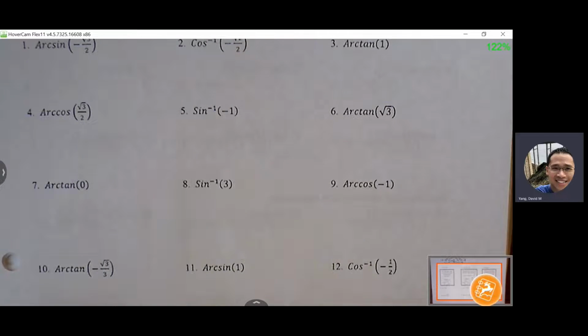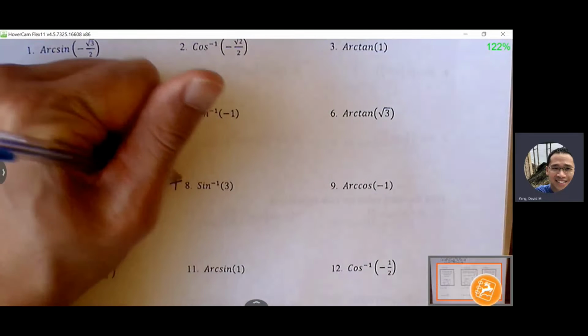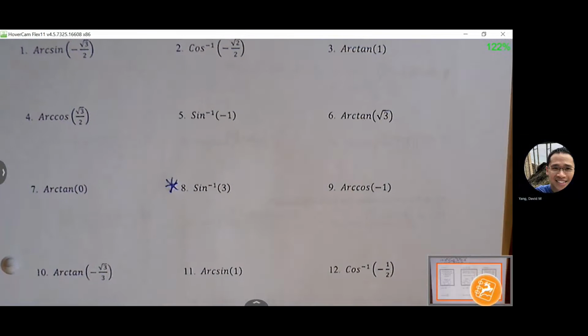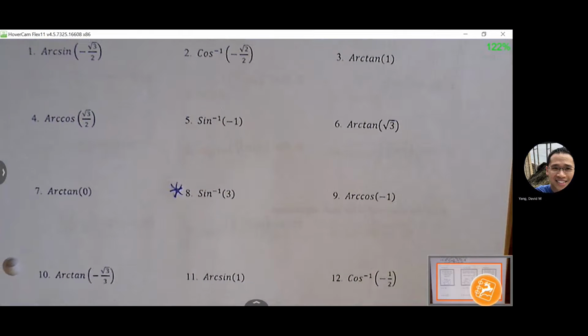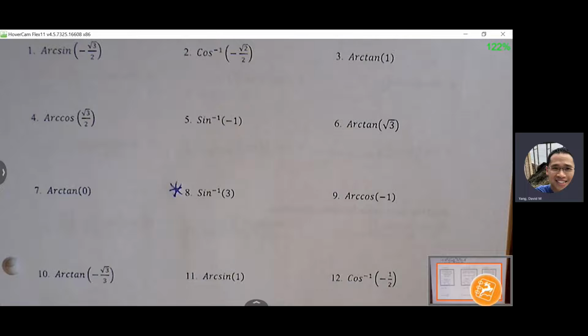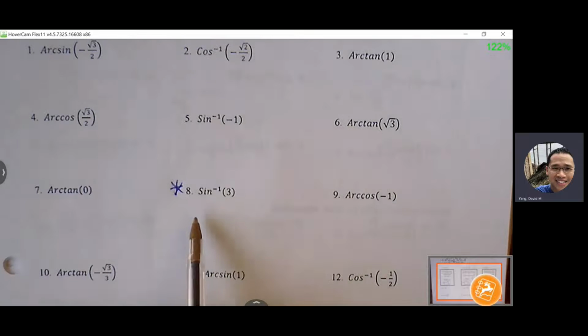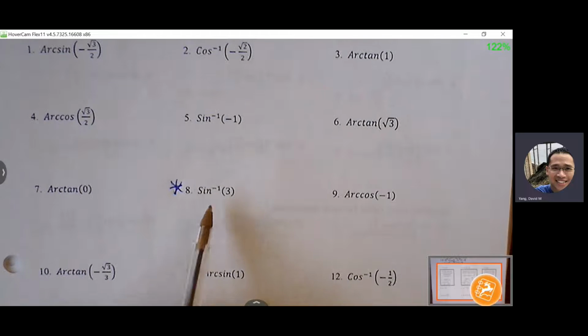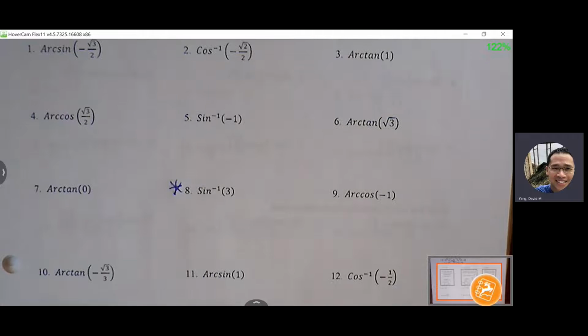There's a tricky one here, though. I'll point that out. Number 8. Why is that tricky? Basically it's saying, when is sine equal to 3? What do you know about the sine graph?